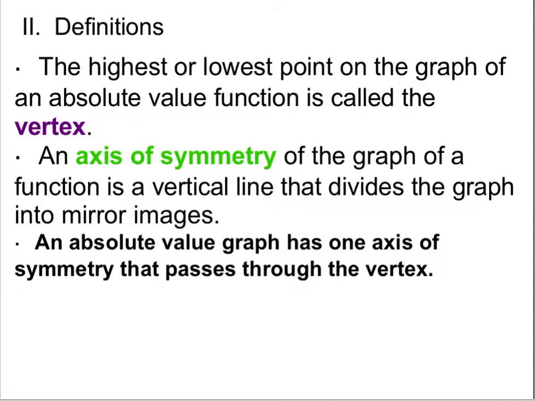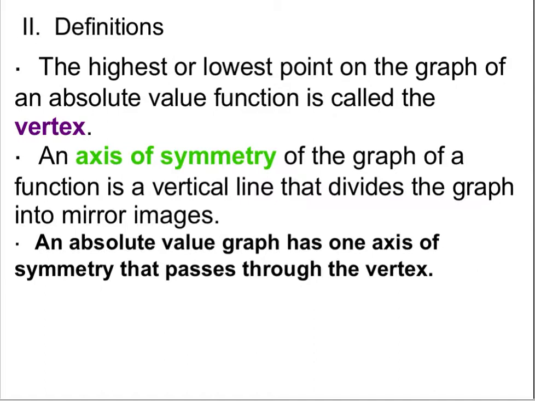The definitions that you need to have for this absolute value function: the highest or lowest point on the graph of an absolute value function is called the vertex. Nothing really new there, but it'd be a good idea to write it down. An axis of symmetry of the graph of a function is a vertical line that divides the graph into mirror images.